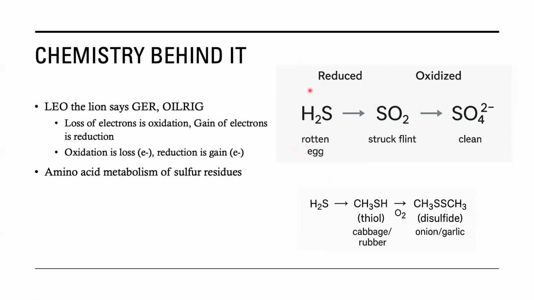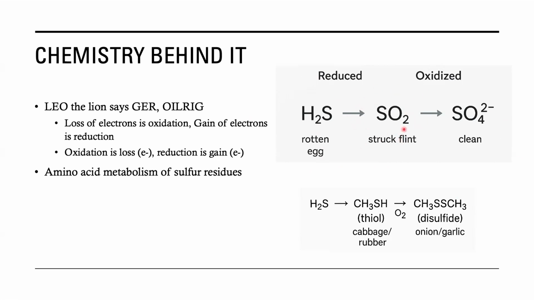H2S is sulfur in its fully reduced form. So that's where we're talking about these reductive types of aromas. H2S, this rotten egg, is kind of the first thing we start to smell. SO2 in the middle is a more neutral form of sulfur, and it does smell like struck flint or a struck match.